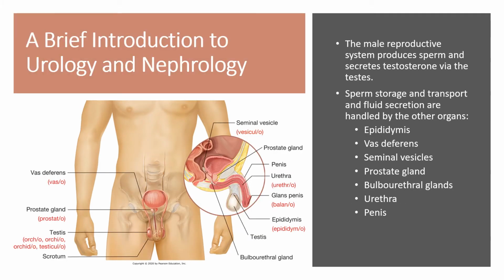The male reproductive system produces sperm and secretes testosterone via testes. Sperm storage and transport and fluid secretion are handled by the other organs. Those include the epididymis, the vas deferens, seminal vesicles, prostate gland, bulbourethral gland, urethra, and penis, and we will discuss those more in later slides.